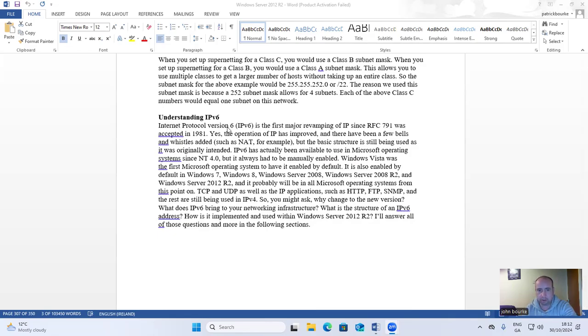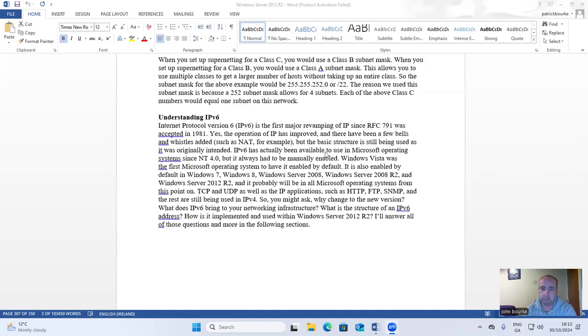Internet Protocol version 6, IPv6, is the first major revamping of IP since RFC 791 was accepted in 1981. Yes, the operation of IP has improved, and a few bells and whistles have been added, such as NAT, for example, but the basic structure is still being used as it was originally intended.